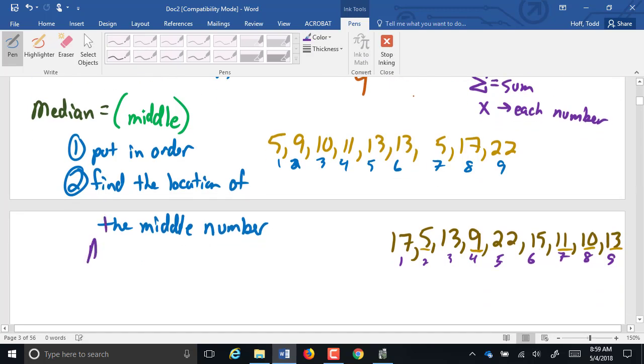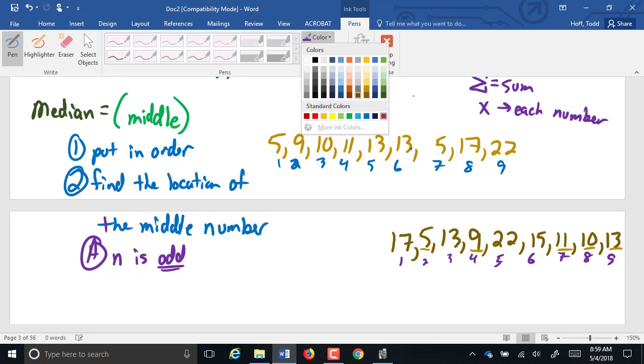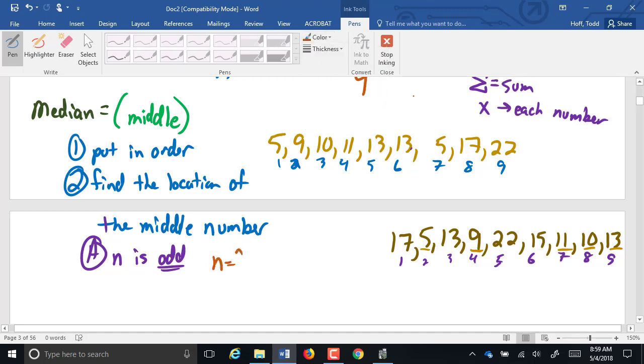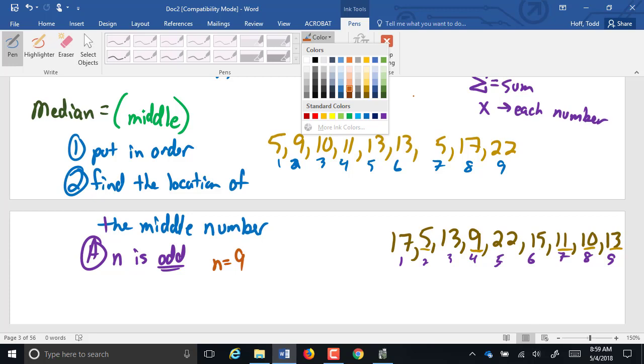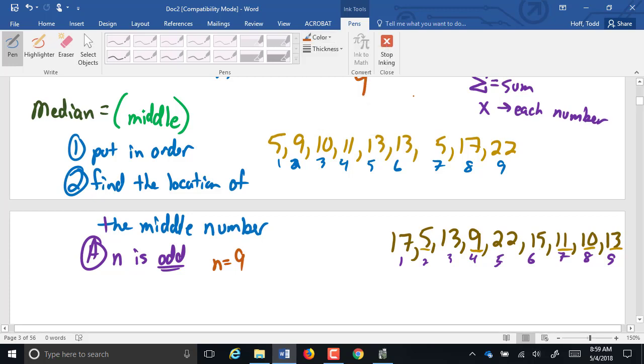The first way, if n is odd, which in this case, n equals 9. So is n odd? Yes, it is. So when n is odd, do n divided by 2 and then round up.